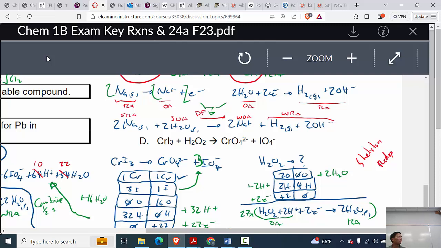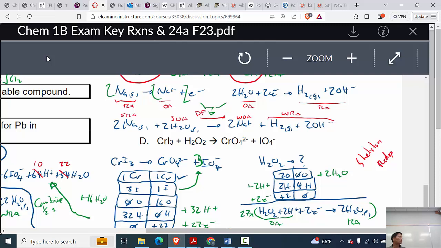But then when I look at the products, what happened to the iodide? The iodide got oxidized all the way to periodate. And then I look at what happened to the chromium. Chromium could have gone either way. It's +3. But what way did it go? It got oxidized. So this is interesting.